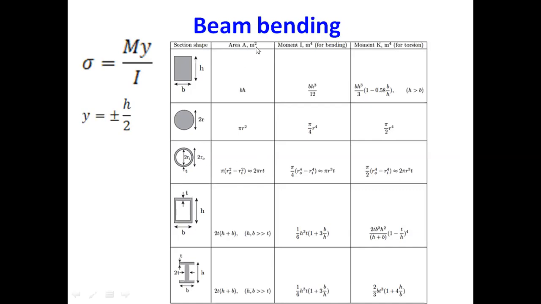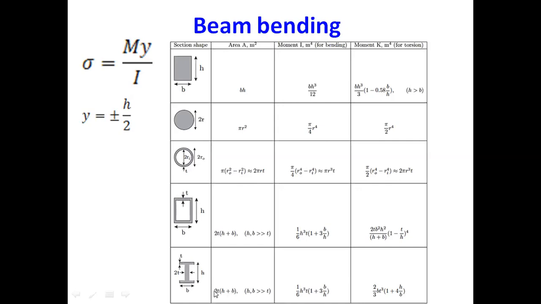Area in meter square. So the model is b h for the rectangular shape, for circular pi r squared, for a ring shape pi times r outer squared minus r inner squared, and this is the section area of this rectangular hollow channel.